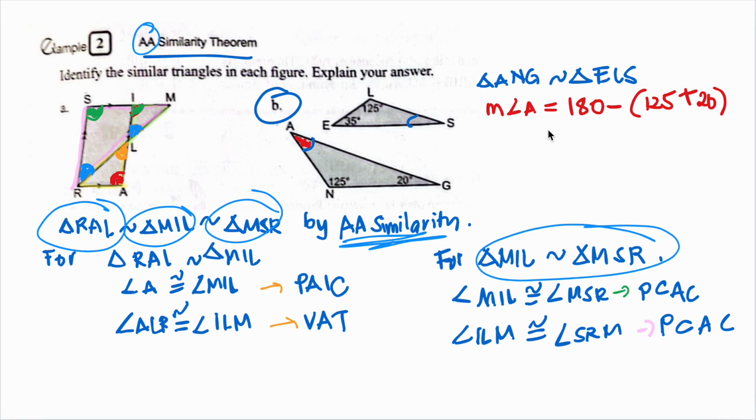When we get the sum of these two, we have 145, and getting the difference of these two numbers leaves us 35 degrees. Therefore, the measurement of angle A, which is in here, is 35 degrees.